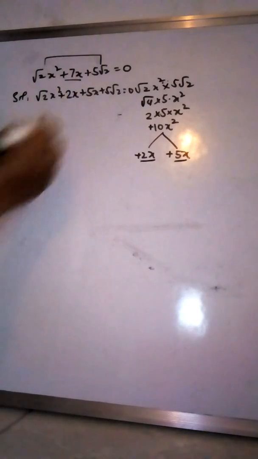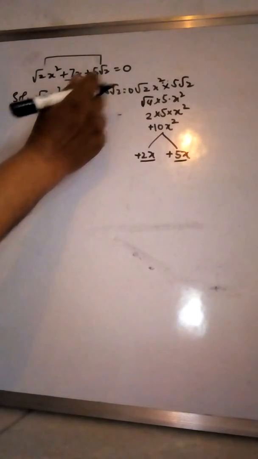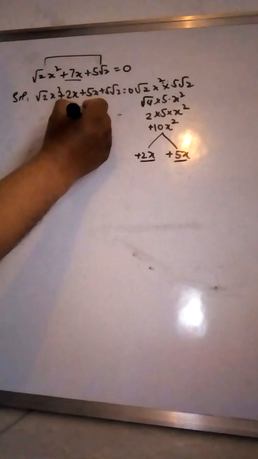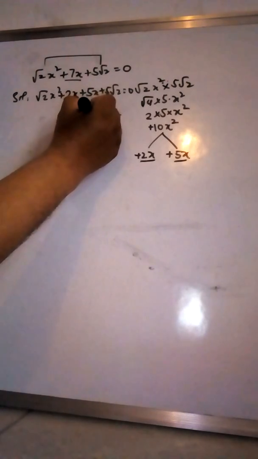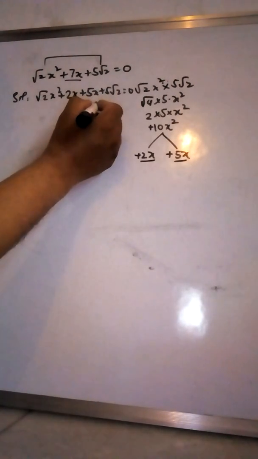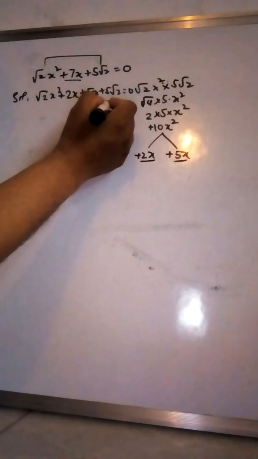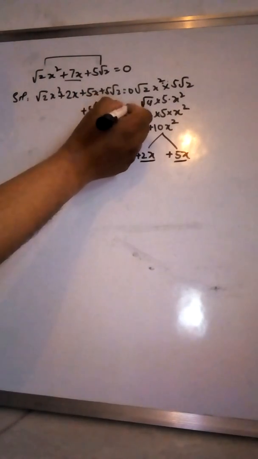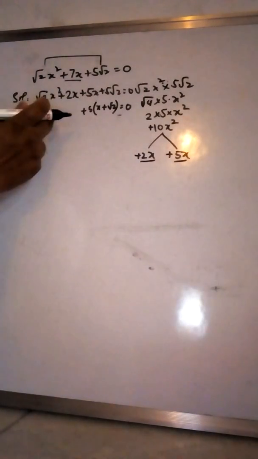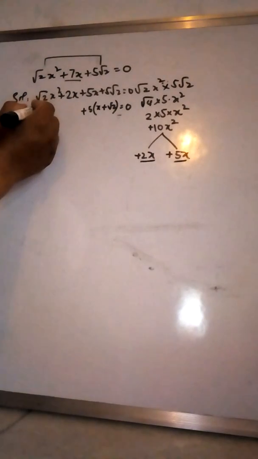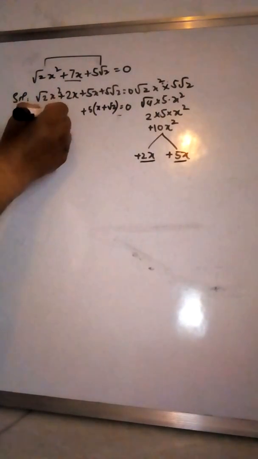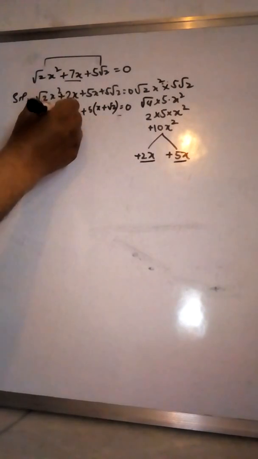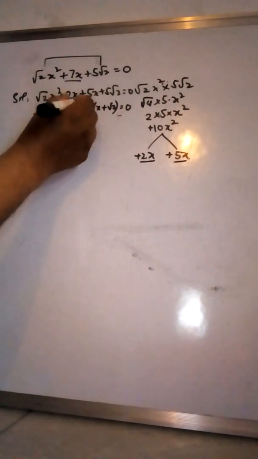Now you see in the third term and the fourth term, I'll do this first. I'm getting 5 common. If I take 5 common, I will have x plus root 2 remaining. So here also I should have the same factor. So I will take root 2x common, so I'll have x plus root 2 again.